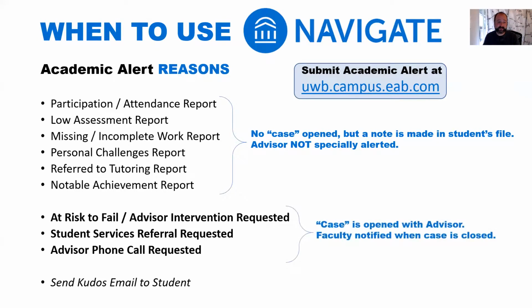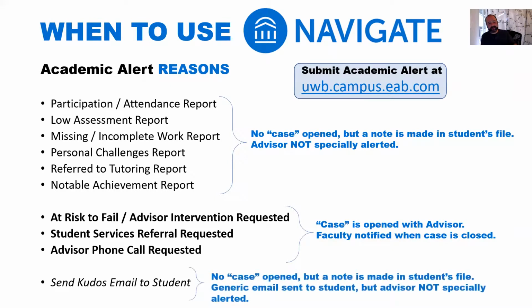The next 3 reasons, at risk to fail, student services referrals, and advisor phone calls, will actually open a case with an advisor. It'll also enter this into the student's file, but the case allows you, the faculty member, to know when something's been done, right? So you'll get a notification that the case has been closed by that advisor once they close it.